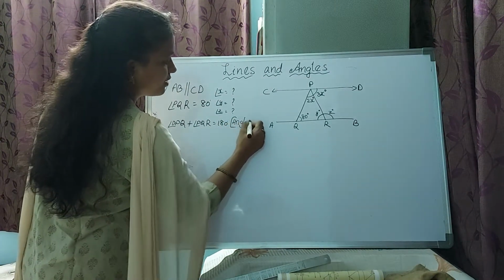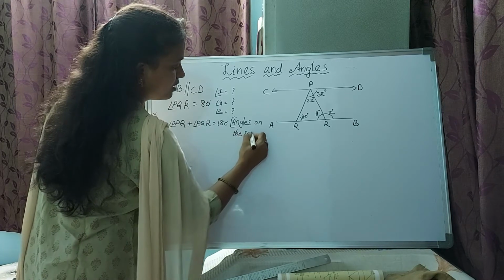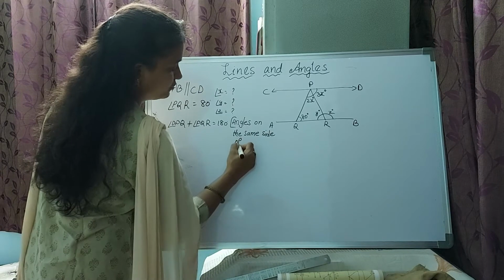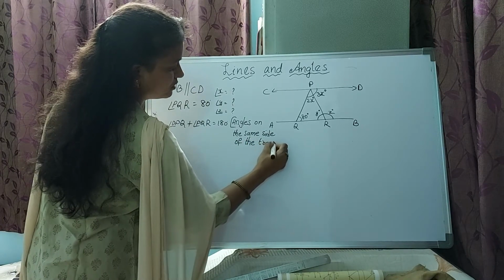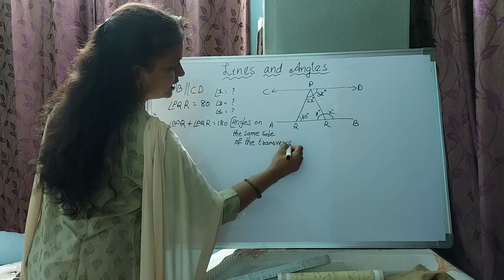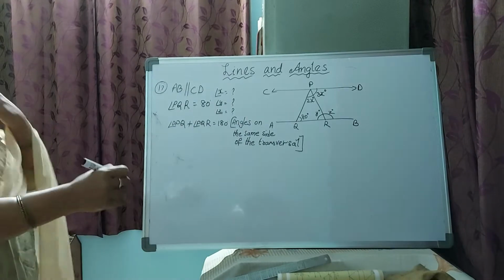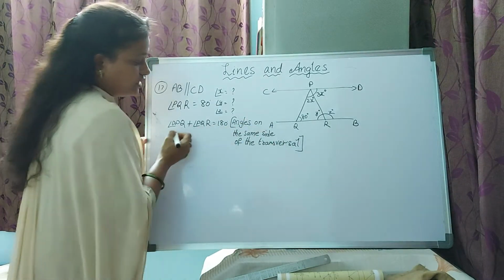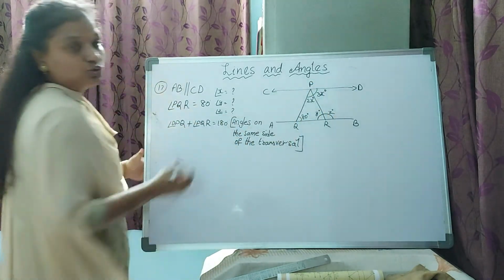Angles on the same side of the transversal add up to 180. What is DPQ?